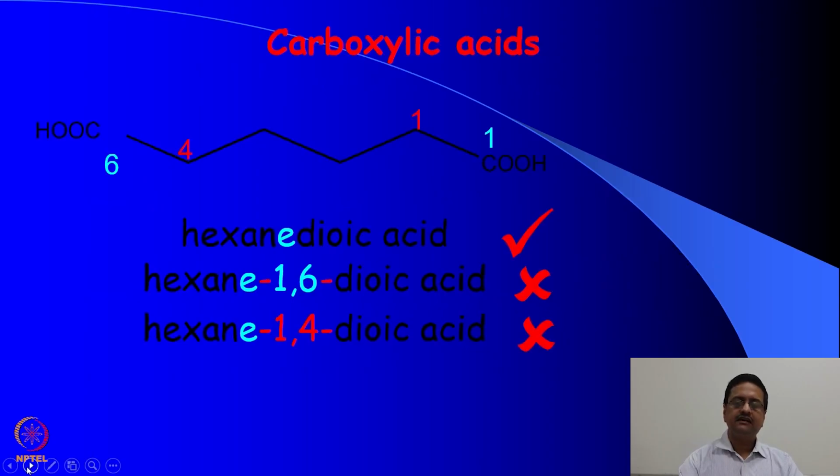Now, we have one example here. We have a 6 carbon chain molecule and we have carboxylic acid at either end. Whether you identify this end as 1 and that end as 6, or this end as 1 and that end as 6, both are hexane dioic acid, because it is a dicarboxylic acid.